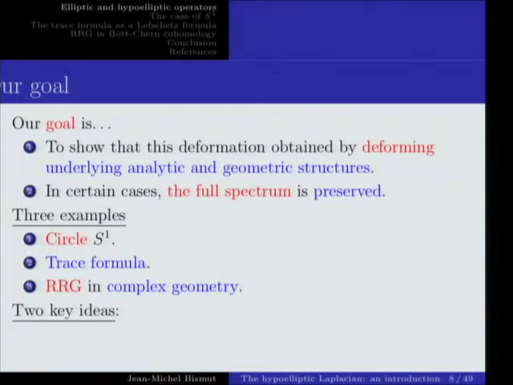There are two underlying key ideas. The first is index theory, which will permeate the whole talk, albeit in implicit form. And also the idea of the Fourier transform: the hypoelliptic Laplacian will turn out to be a way of encoding a geometric version of the Fourier transform.